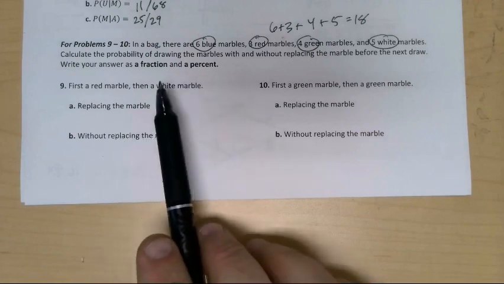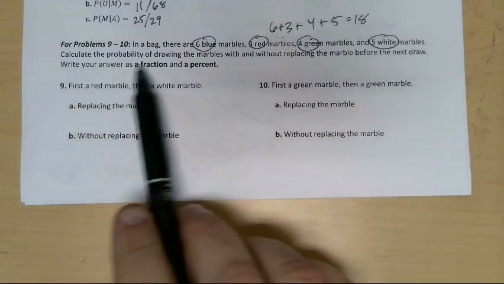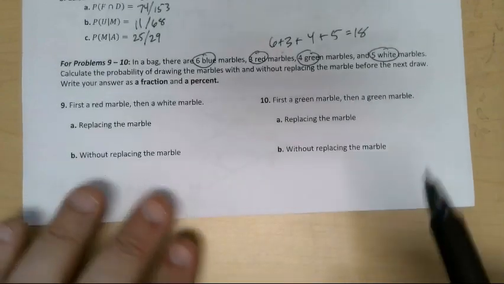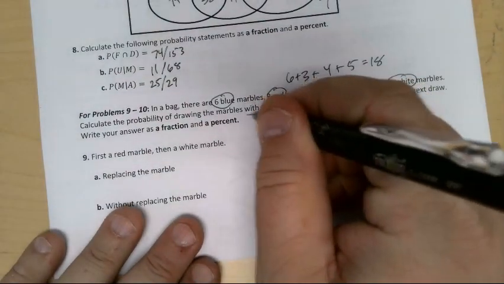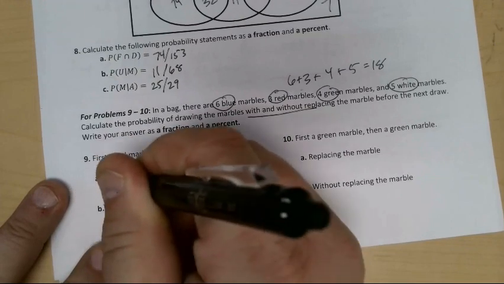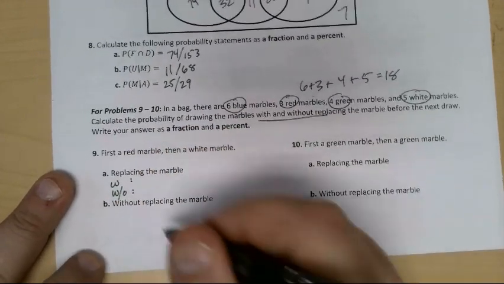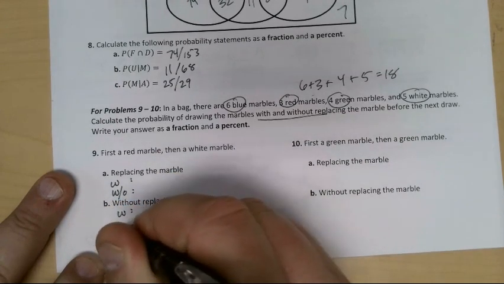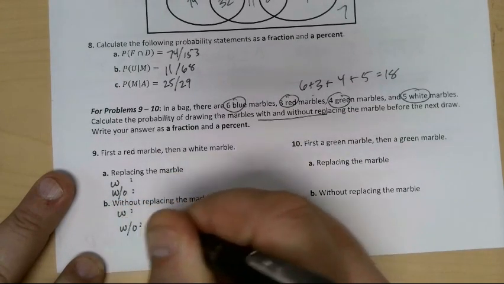First, calculate the probability of drawing with and without replacement. Wow, so there's 2 things on each, with and without replacement. I'm going to calculate each of these with replacement, which means I'm putting them back, and without.